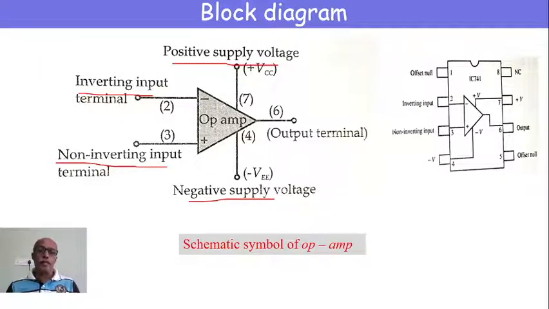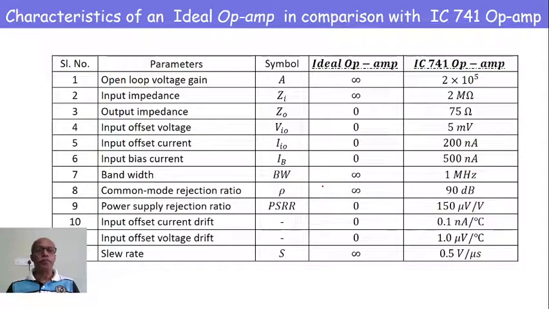The operational amplifier is represented in this fashion: a triangle with 5 terminals, 2 connected to the inputs, 1 for the output, and the other 2 on the opposite sides for the external source. This represents the schematic symbol of the operational amplifier.